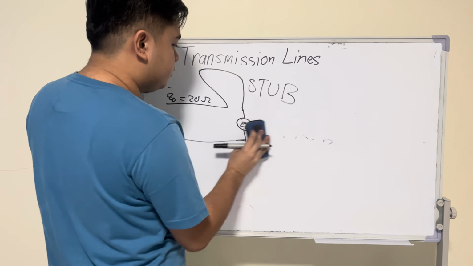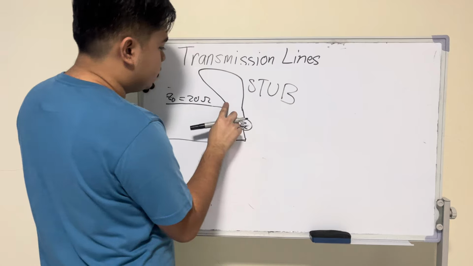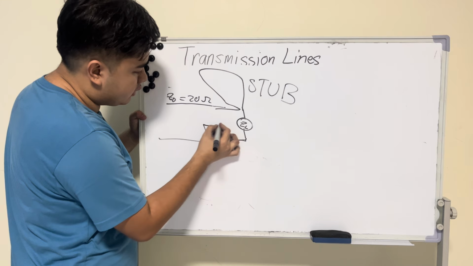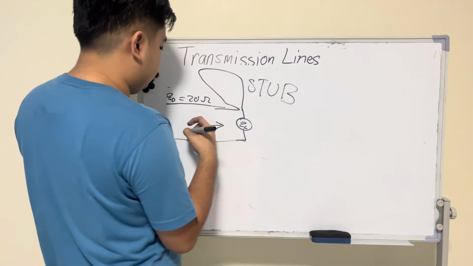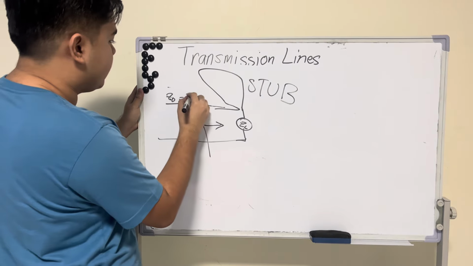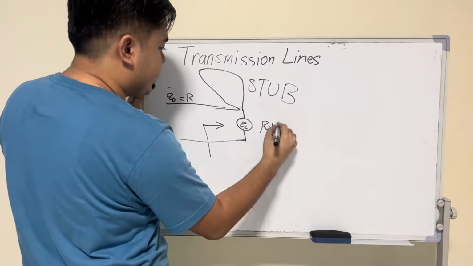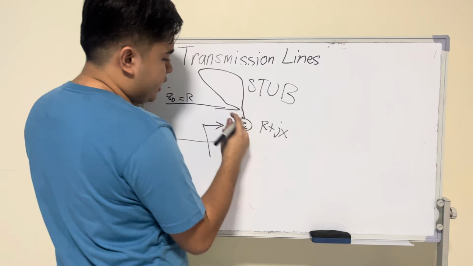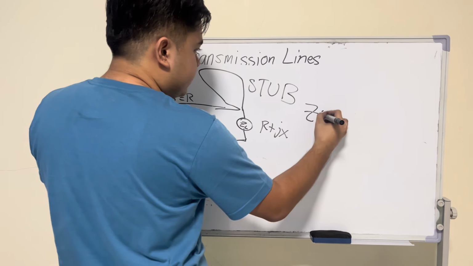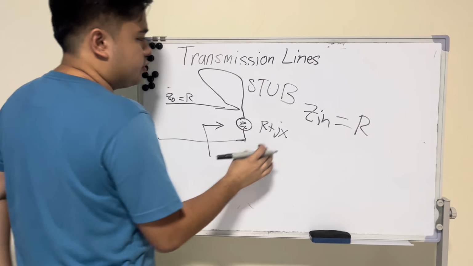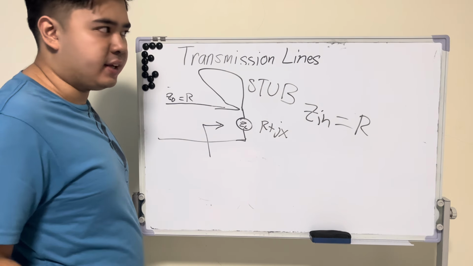Now, this stub actually looks something like that. And if we look at here, for example, this is R and this is R plus jX. When we look at here, I want our Z in, looking at the load, to be R instead of R plus jX.